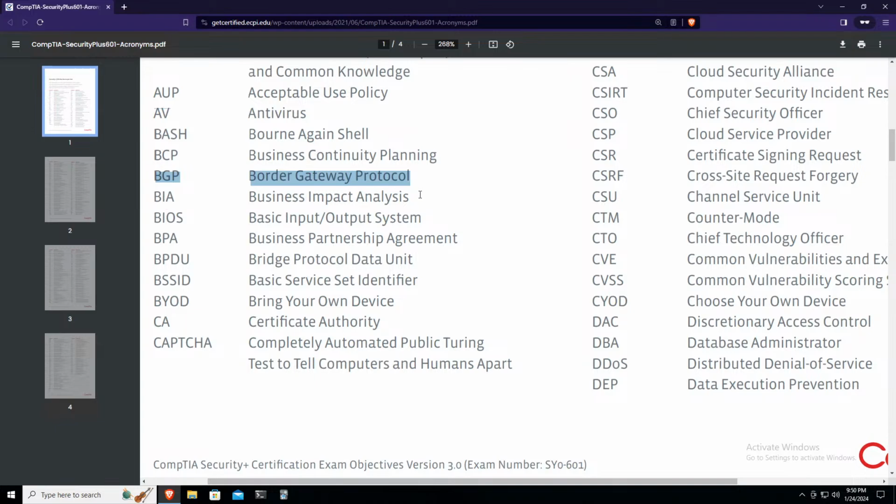BIA, Business Impact Analysis. This one's actually a little similar to that BCP. Business impact analysis is an analysis of if something were to happen, how badly would it impact the business, what costs would that business incur, and how long would it take us to get back up and running, right?